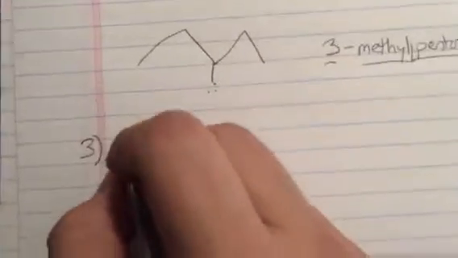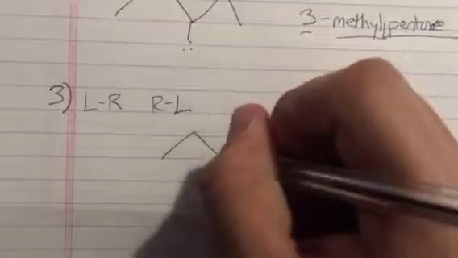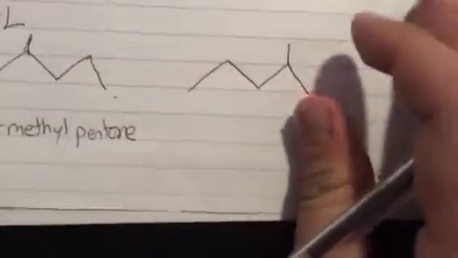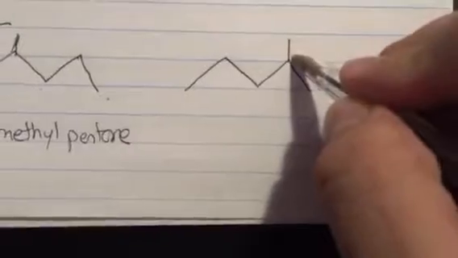Third and very important rule is you can count from left to right or from right to left. So I'm going to put the 1, 2, 3, 4, 5 chain still with the methyl on the 2. So this is a 2-methylpentane. And we've got this little methyl on this last carbon right here.